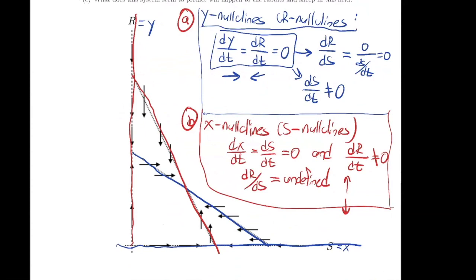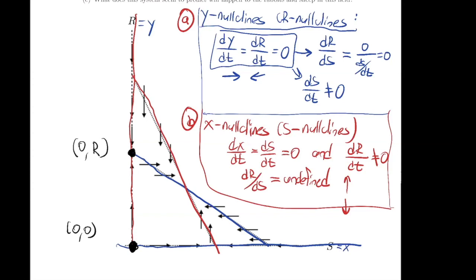You can look at where two different null clines intersect. That's right. So for example, here's an equilibrium at 0, 0. And we have another equilibrium right here, where the R value is not 0. Excuse me, it's the other way around. We've got S equal to 0 here, and R is some non-zero thing over there. And how many other equilibria do we have? 2.